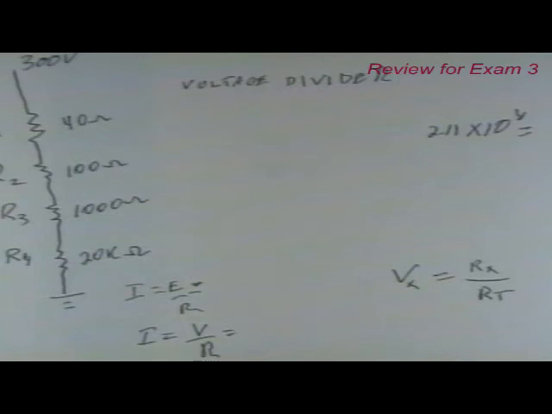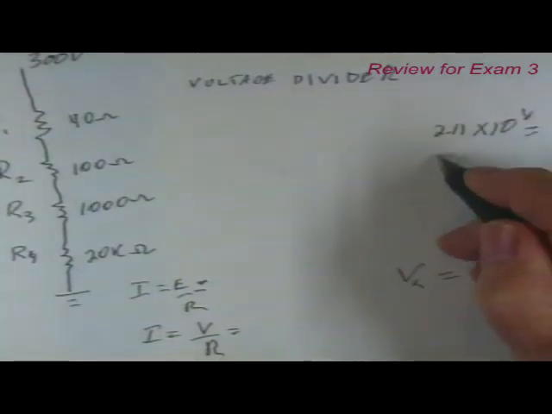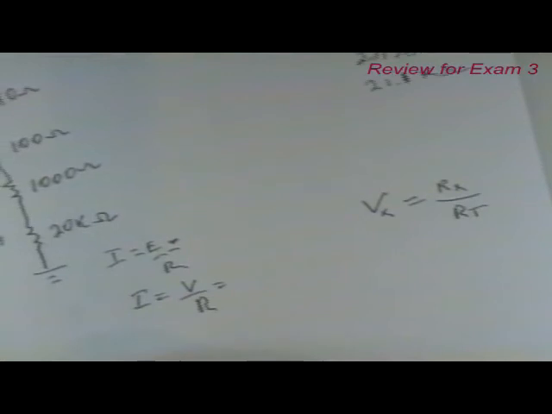Put them into your calculator. Okay, so now looking at that, I want to put this into the metric format. So how do I do that? I need a 3 here, 10 to the third, because we want this to be in K. So what I have to do, I have to move the decimal point one spot, correct? I have 21.1 K ohms. So that's RT.